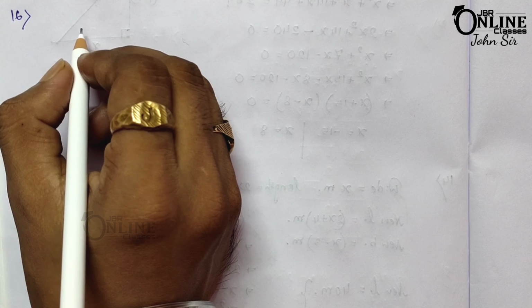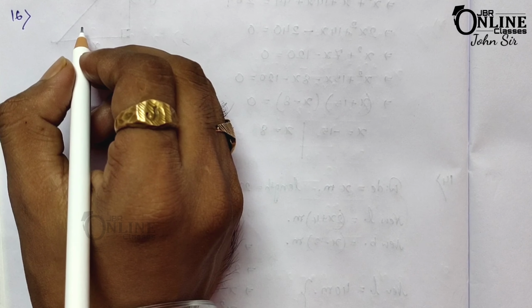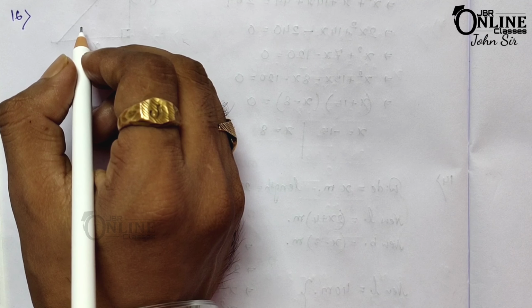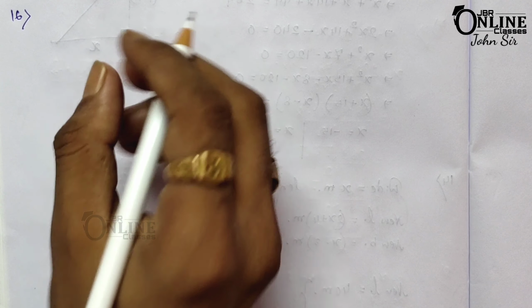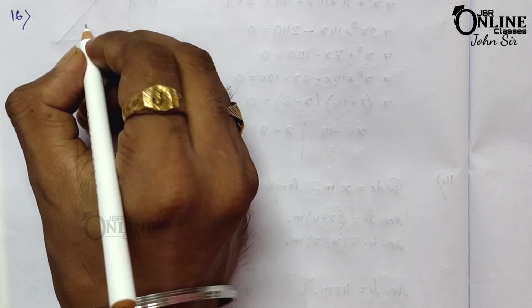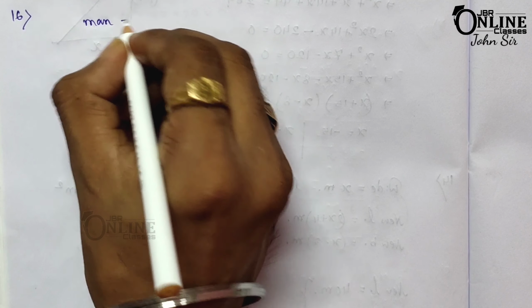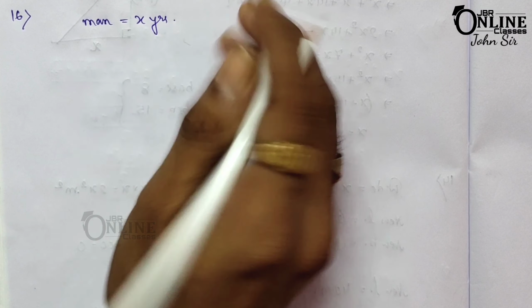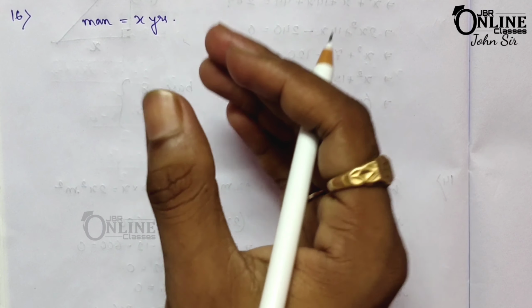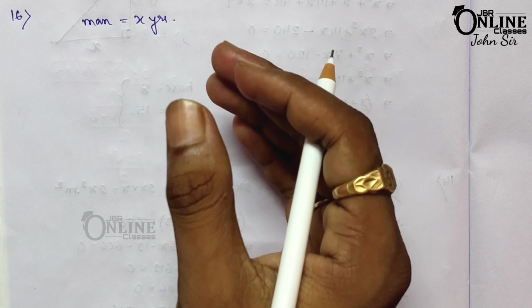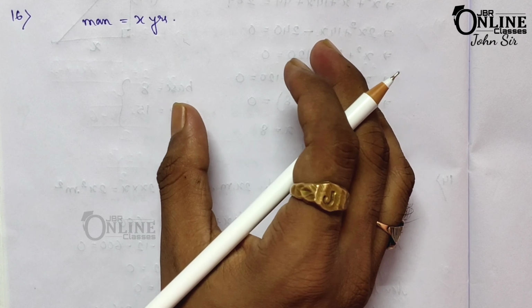Now sum number 16. 2 years ago, a man's age was 3 times the square of his son's age. In 3 years' time, his age will be 4 times his son's age.